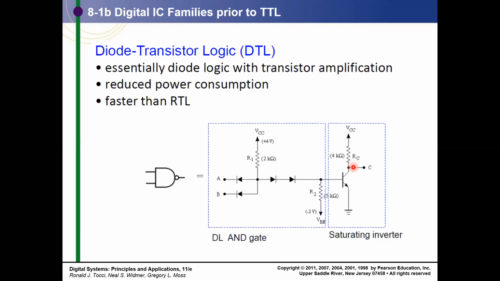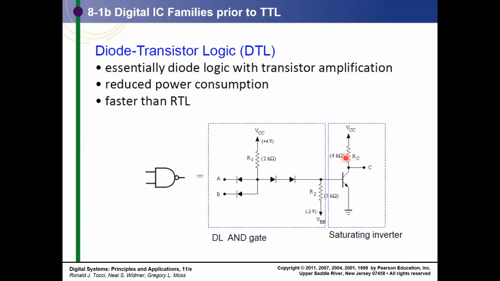This has some less power consumption, because this can work on lesser current, but no significant power drop will be there. And this is slightly faster than RTL, because in RTL logic, the NAND gate had two transistors in series, so it becomes slightly slow. Here it can be a bit faster. This was 10K calculated earlier.